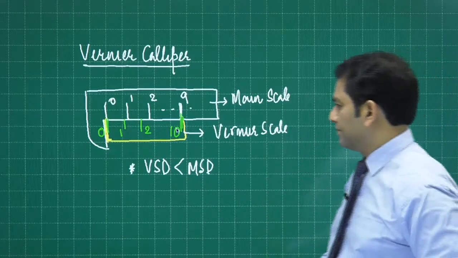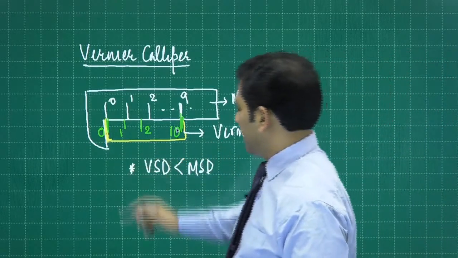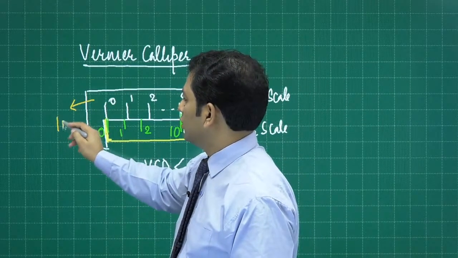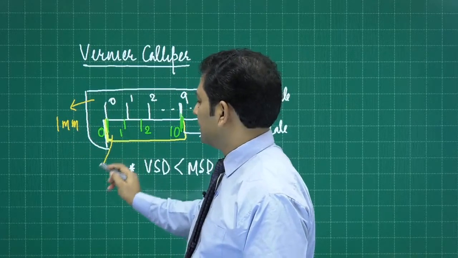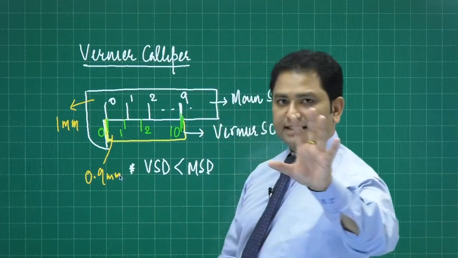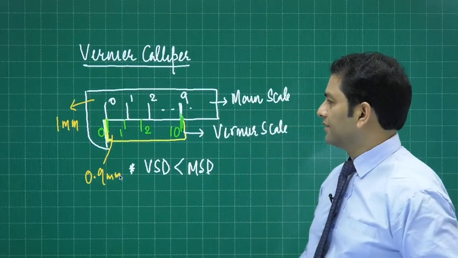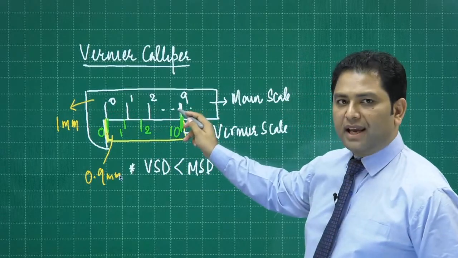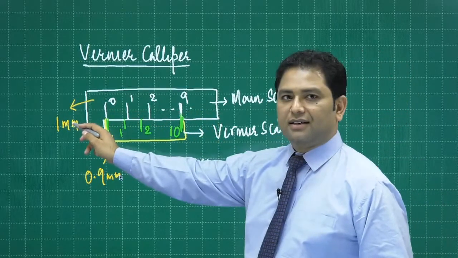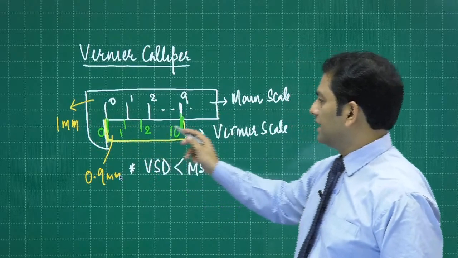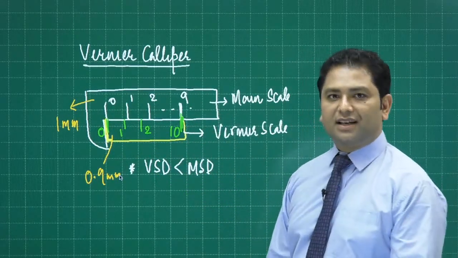Why does it match again? Let us take an example. Let us say the main scale, for example, not always, say the main scale division is 1 millimeter and the vernier scale division is 0.9 millimeter, just as an example. So what will happen? 9 divisions of main will be 9 millimeter, and the same 9 millimeter will be obtained in 10 divisions of vernier.